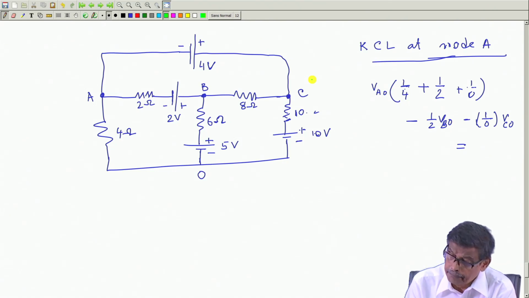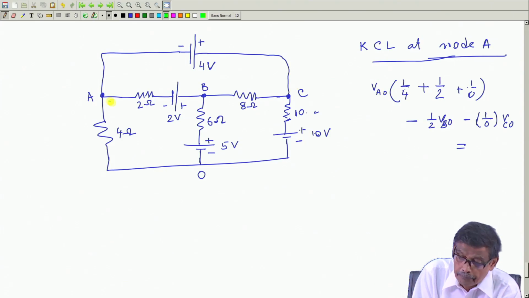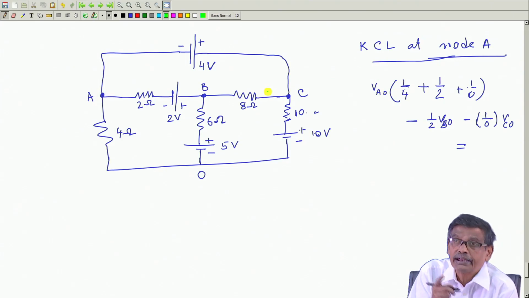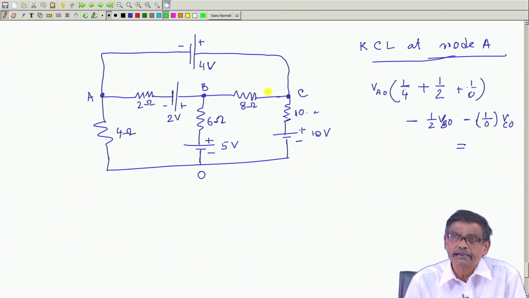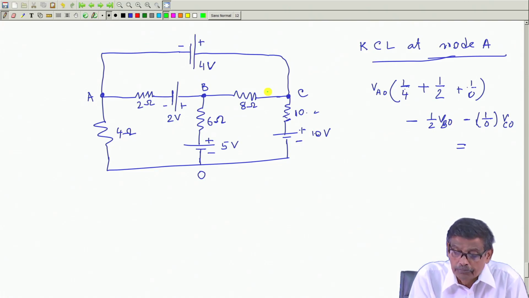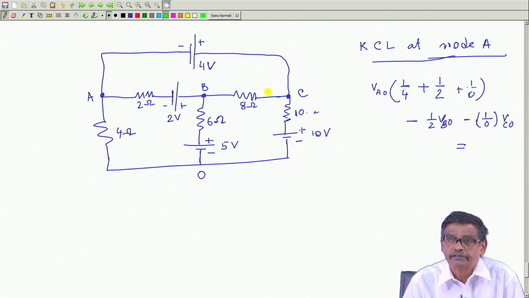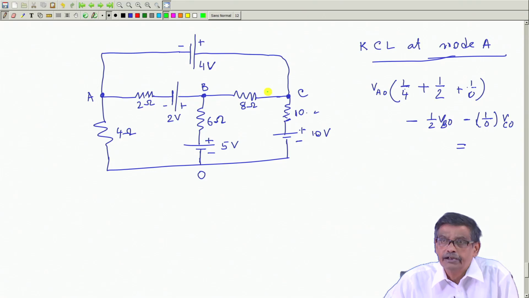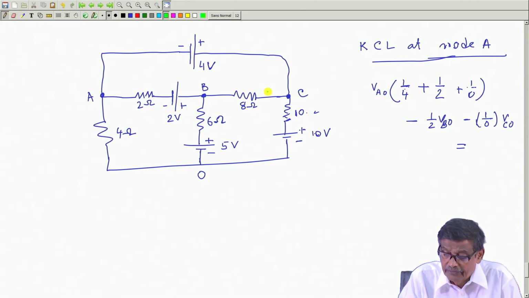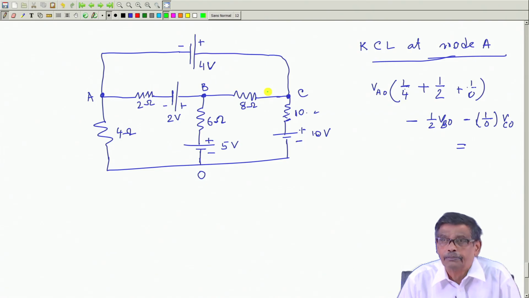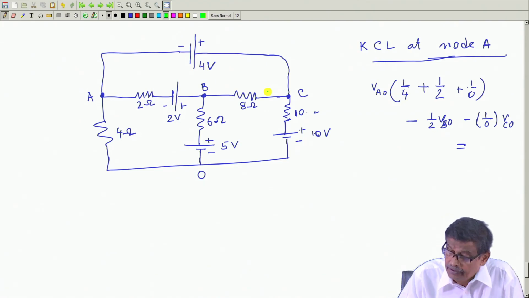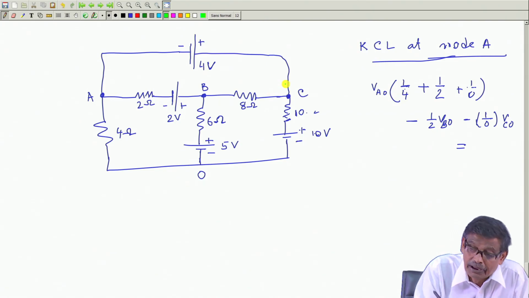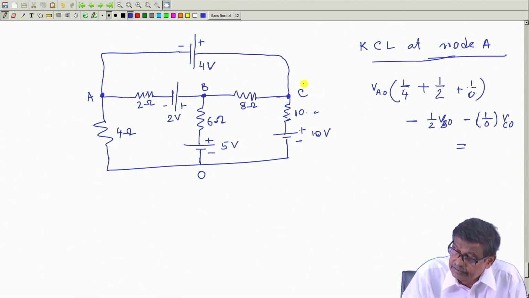I will choose C as my reference. Between the nodes where an ideal voltage source is present, better choose one of them, either A or C, as your reference, because there is a freedom there. If I choose the reference node as O, I face this difficulty, so I will not choose that. I will choose this as a reference node.